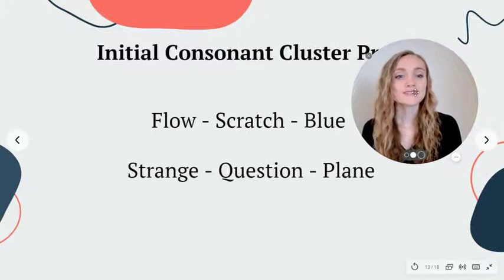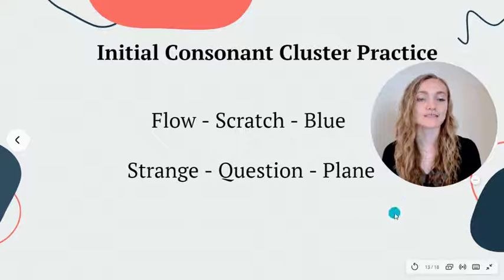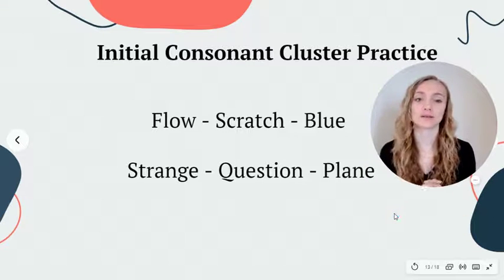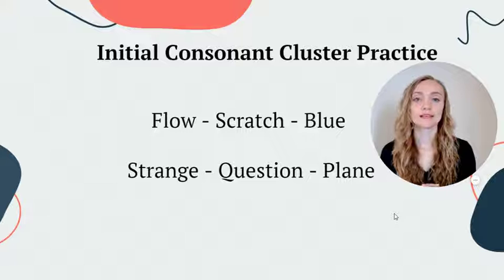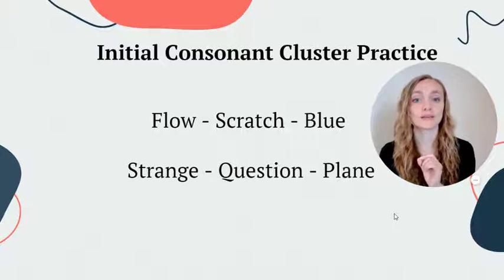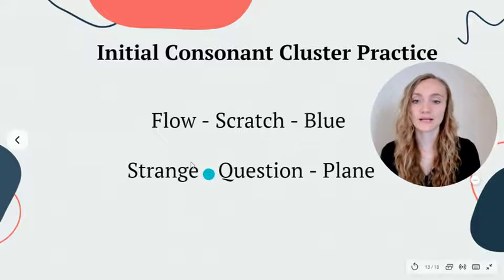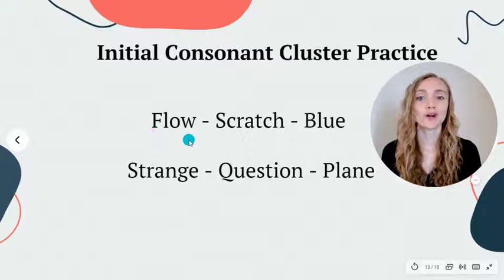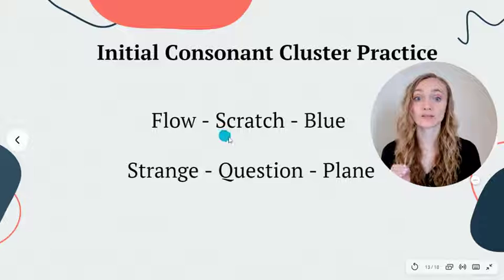All right, so let's look at some examples of consonant clusters in different places of words. So in this case, we're looking at initial consonant groups. So at the beginning of a word. Here's some examples for us. Flow, flow, scratch, scratch, not scratch, but scratch.